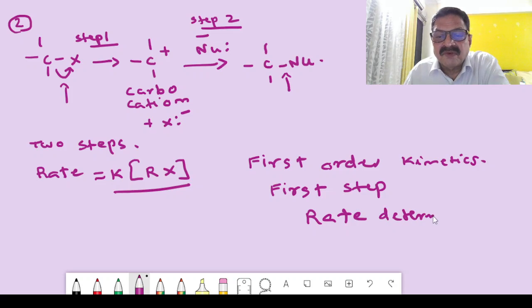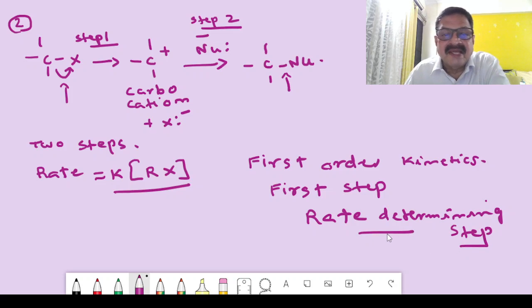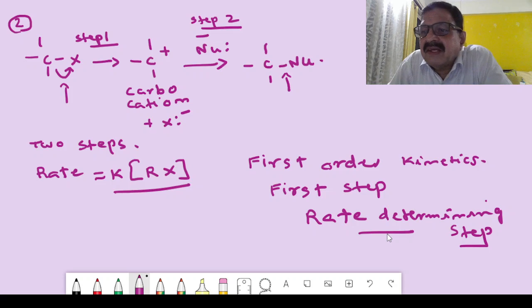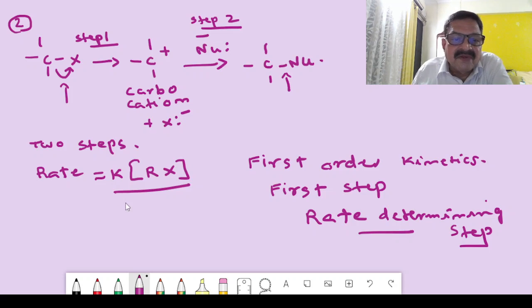Rate determining step means we have to supply energy, the energy of activation, Ea, which we have seen in our previous class, correct? So the first step, where bond breaking is involved, is the rate determining step. The rate depends upon the concentration of only RX. Therefore, it is first order kinetics and unimolecular.